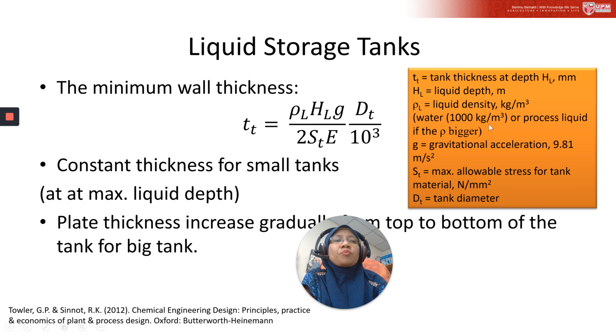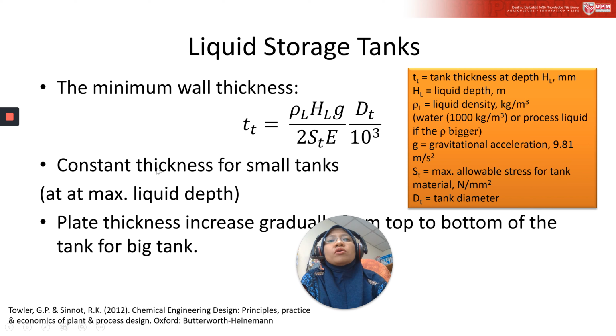But if your process liquid density is bigger, you need to use the process liquid density. Then g is gravitational acceleration, and ST stands for the maximum allowable stress for the tank material. Depending on the tank material, you need to refer to the standard. And DT is the tank diameter.